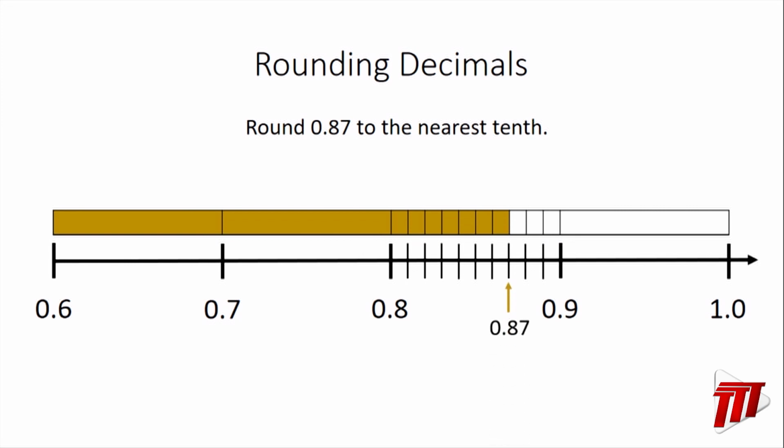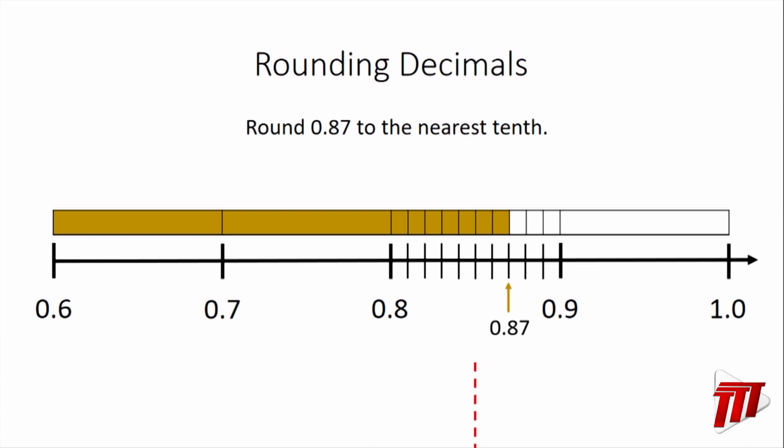That is going to be right there. So we have to decide whether we are going to round 87 hundredths up to 9/10 or down to 8/10.